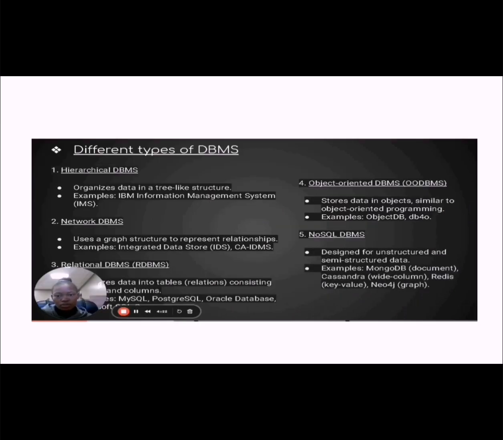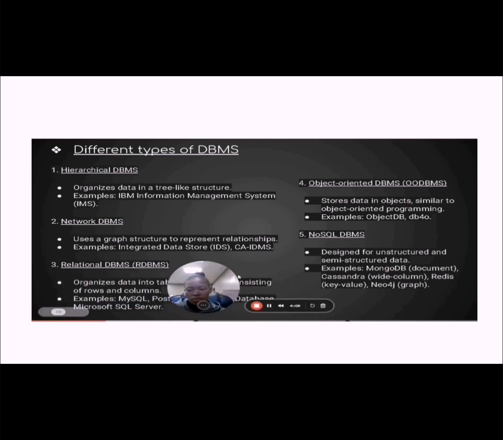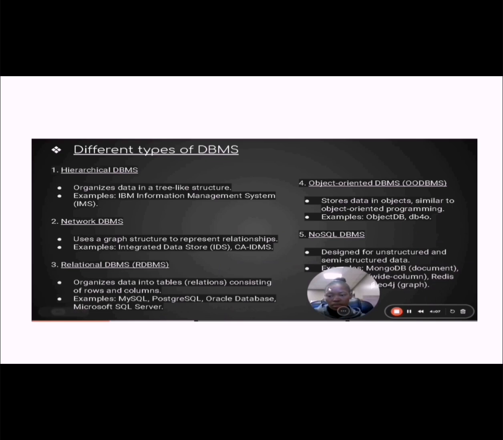The different types of database management systems that we have include a hierarchical database management system, where we organize data in a tree-like structure. We have a network database management system that uses a graph to represent relationships.